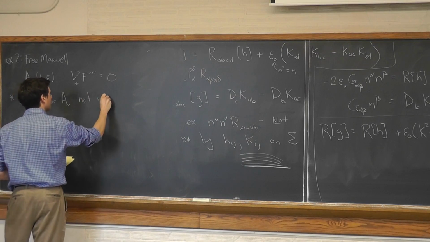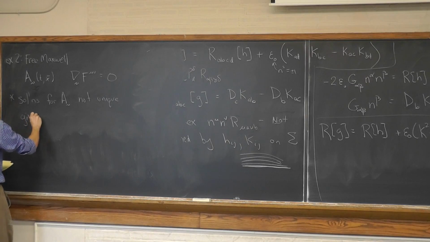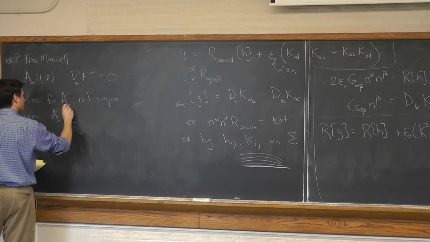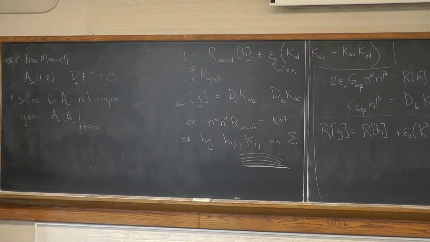The solutions are not unique given A mu and A mu dot at time 0. So we can't solve that equation in this sense.